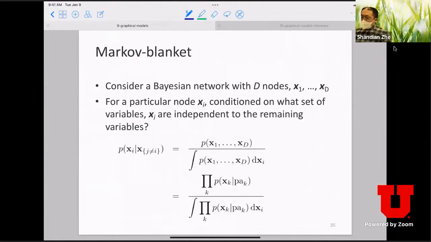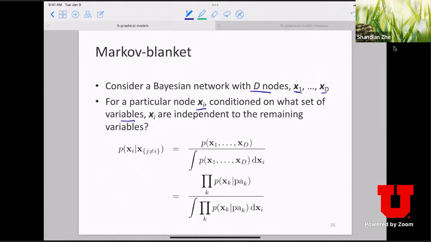Okay, so the next concept we want to introduce is called the Markov blanket. What does it mean? Consider we have a Bayesian network with big D nodes, x1 to xD. For a particular node xi, we want to ask: conditioned on what set of variables is xi independent of the remaining variables?